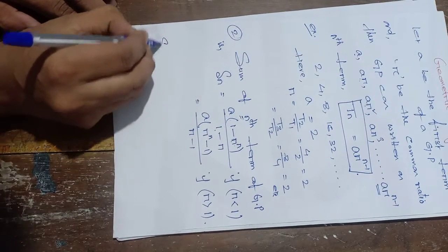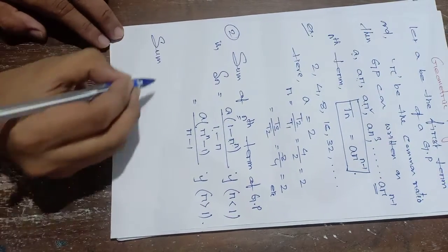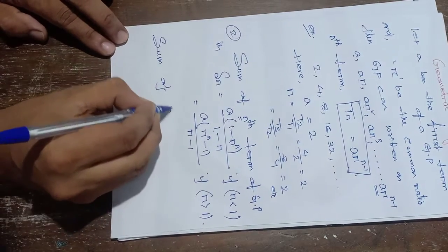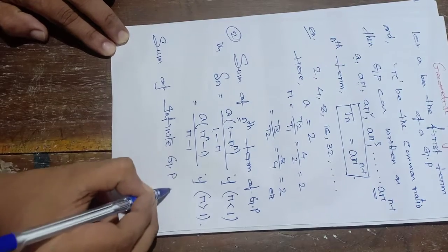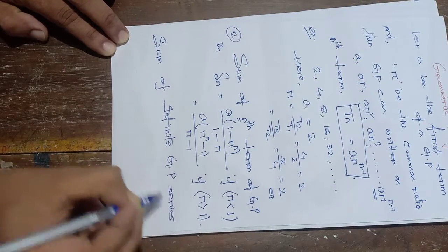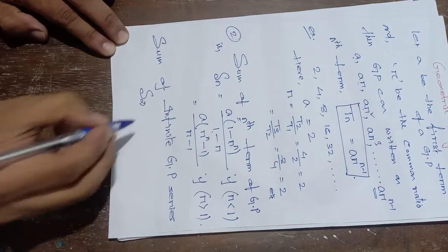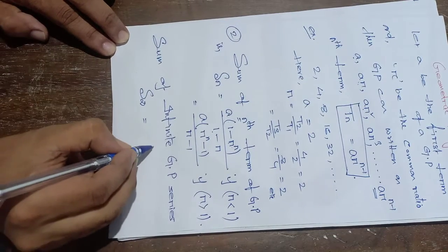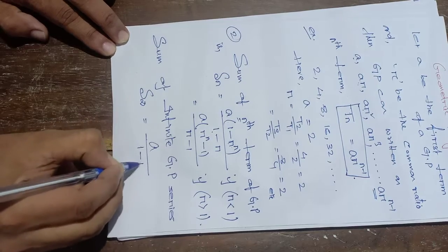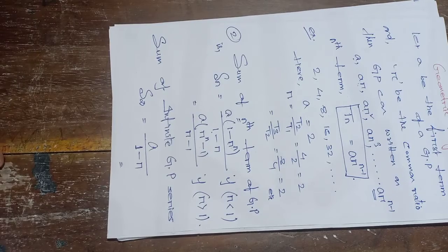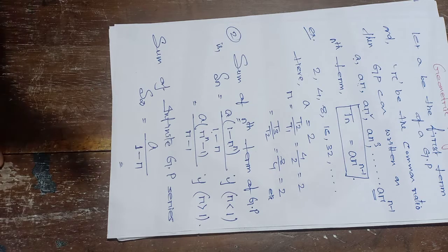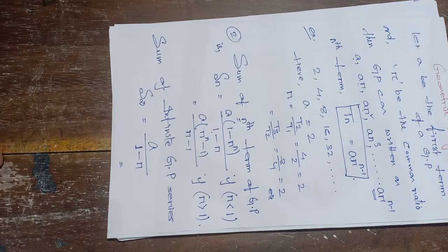The sum of an infinite GP series will be S infinity, and you can directly find it as a by 1 minus r. So this is the formula for finding the sum of an infinite GP series, where the number of terms is undefined, not finite. It is an infinite number of terms.